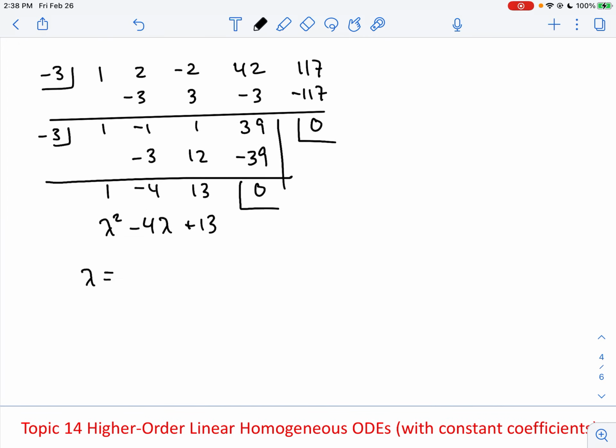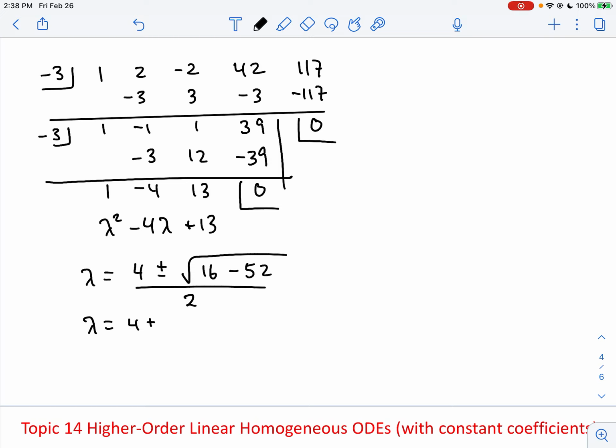So lambda will equal negative b, so 4, plus or minus the square root of negative 4 squared, which is 16, minus 4ac. This is going to be minus 52, all over 2a. Oops, and a was 1, so 2a is just 2. How does this simplify? We're definitely going to get some imaginary numbers here. 16 minus 52 is negative 36.